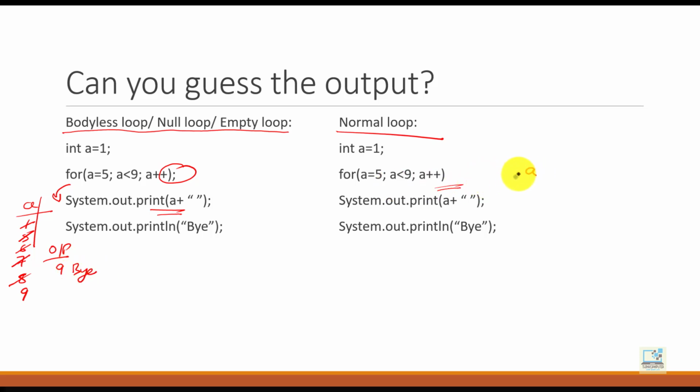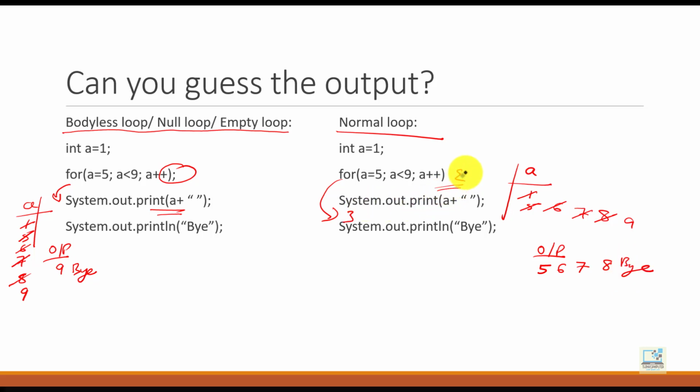On the other hand, in this example, if I show you the column of A and output, see A is 1, then I change A to 5, 5 less than 9 condition correct, it will enter the loop, print A, which is 5, then A++ makes A 6, 6 less than 9, then it will print 6, A++ gives 7, 7 less than 9, it will print 7, then A++ gives 8, 8 less than 9, it will print 8, then A++ gives 9, 9 less than 9, loop over, so it will exit the loop and then it will print bye, so that is the output.